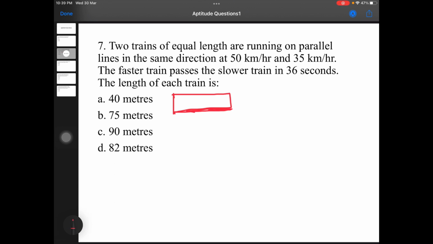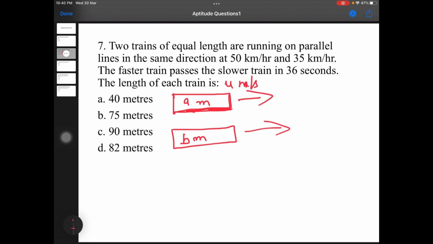Here, imagine this is the first train. We have to know the formula. Suppose this is our first train and this is our second train. The first train is of length A meters, and the second train is of length B meters, and both trains are traveling in the same direction. The speed of the first train is U meters per second, whereas the speed of the second train is V meters per second.